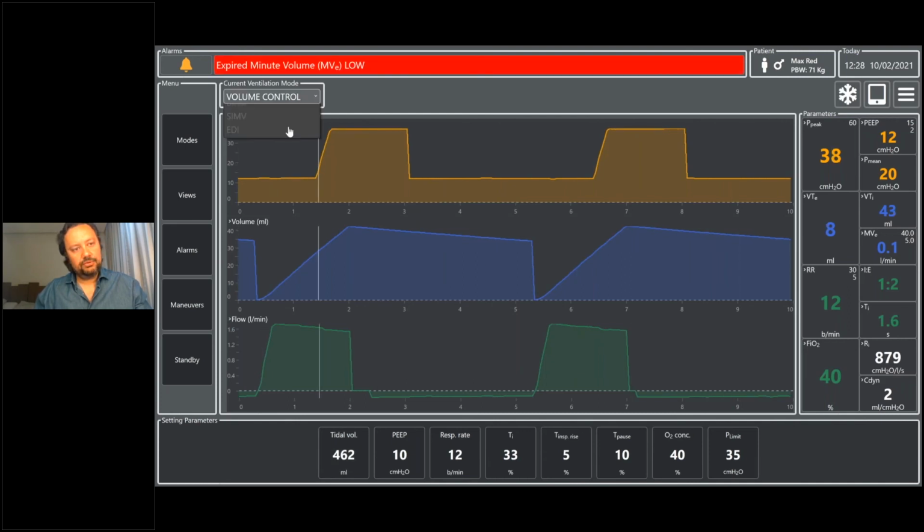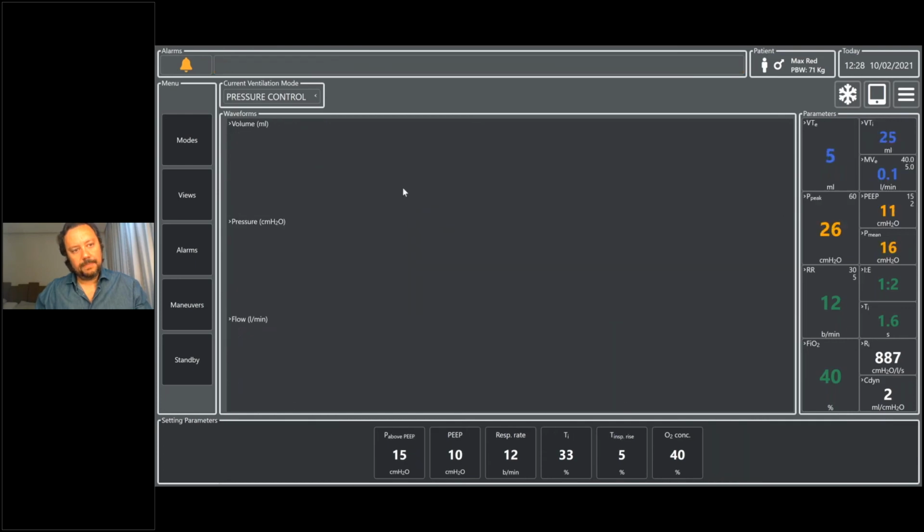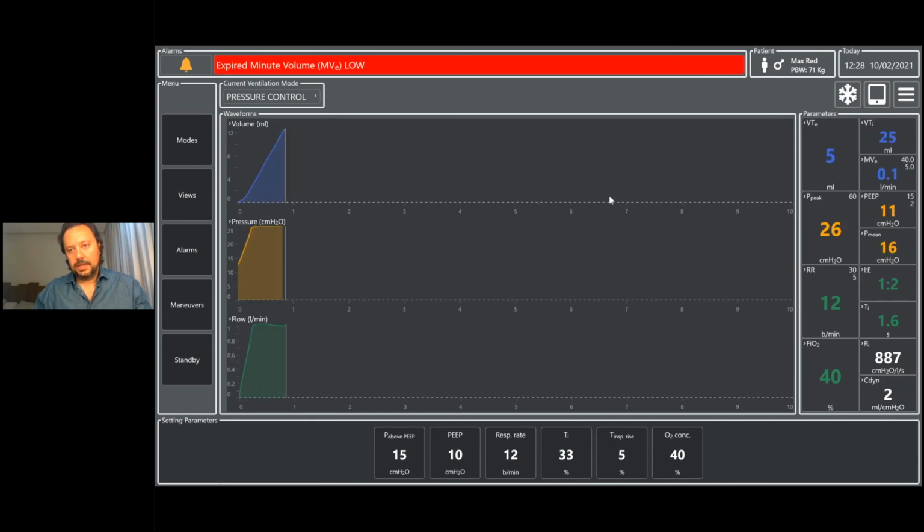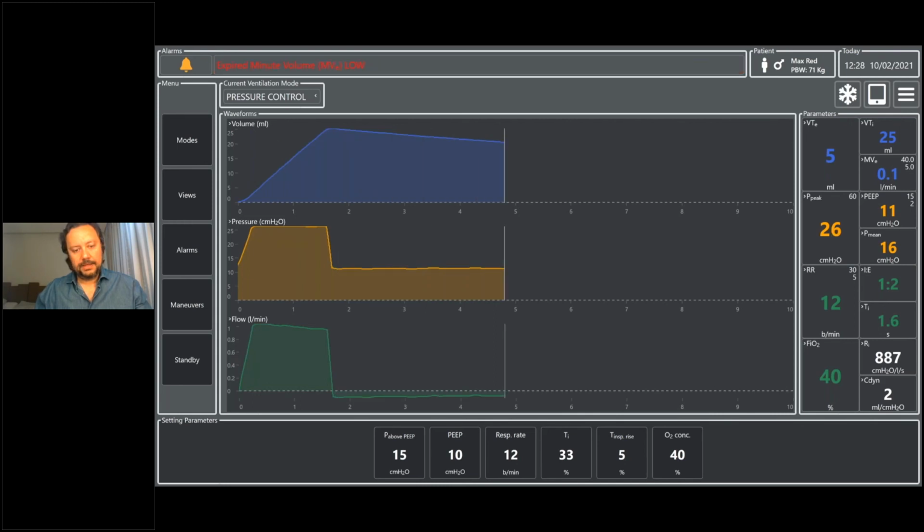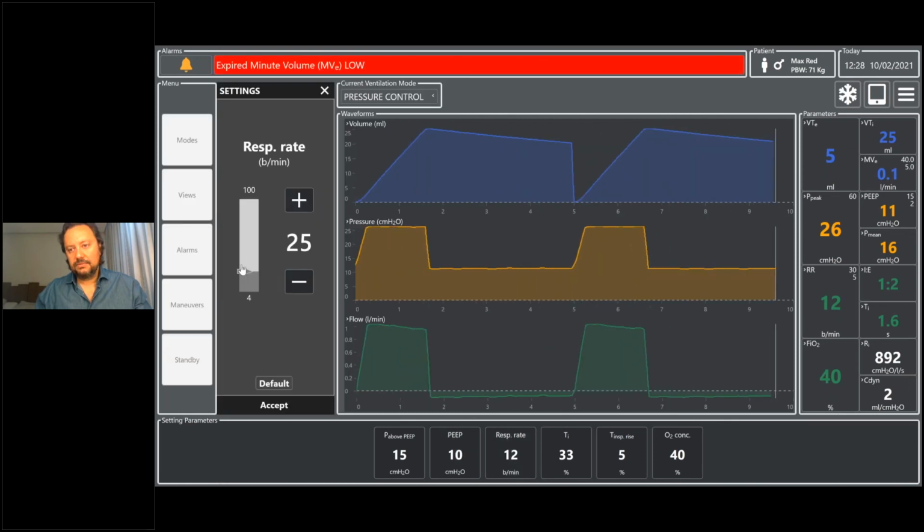So in this case, I have to move to a pressure control. And when I move to pressure control, I need to increase the respiratory rate so I can compensate for the total breath I'm giving, and click on accept.